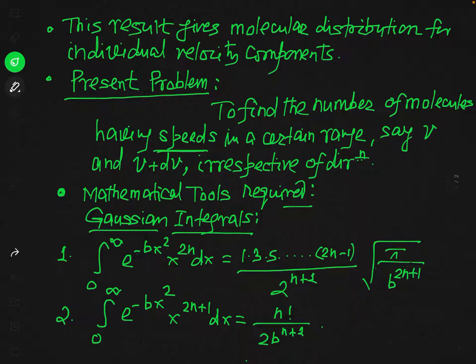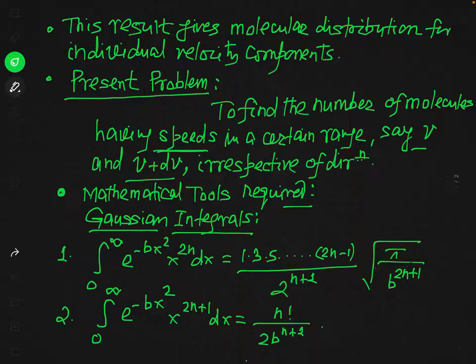Let us consider that we have to find the number of molecules having a speed in the range v and v plus dv, irrespective of direction. It means direction does not matter here. So this is the real problem which we will discuss today. It means we have to discuss the distribution of molecular speed, not velocity.